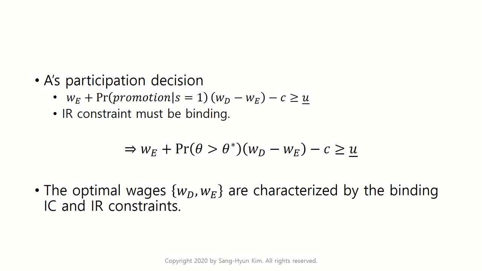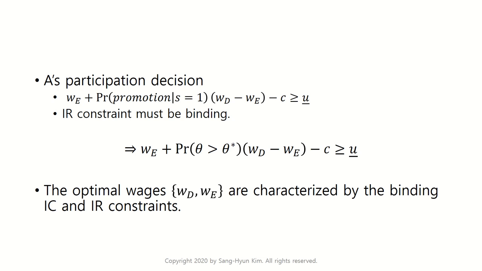So this participation constraint can be written like the expression in the middle, right? WE plus probability that theta is greater than theta star times WD minus WE minus C is greater than U bar.